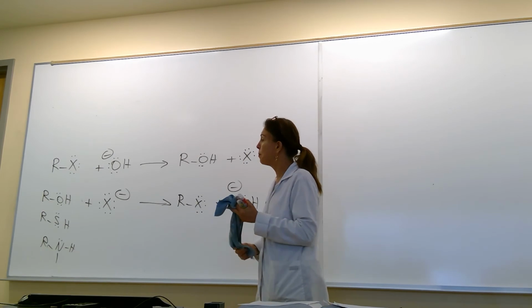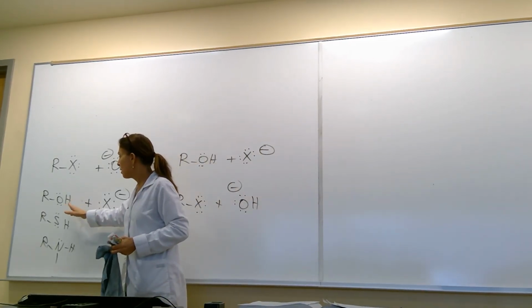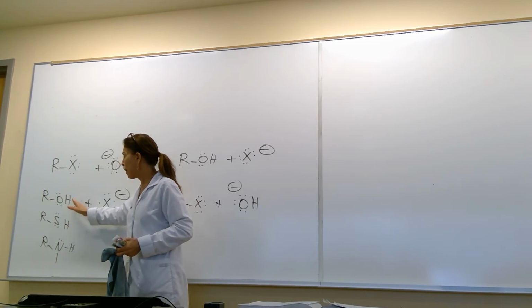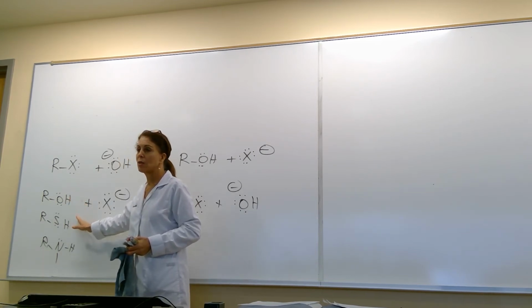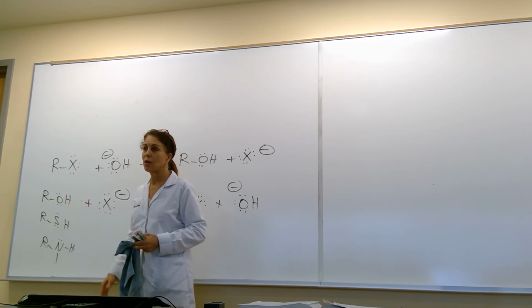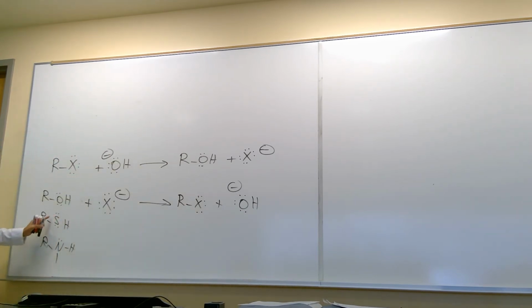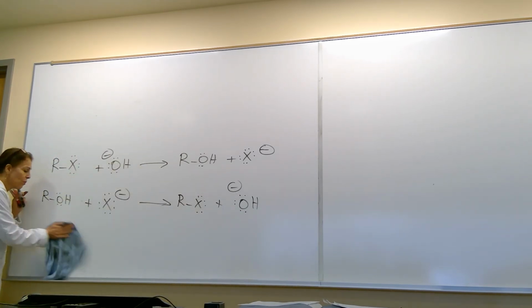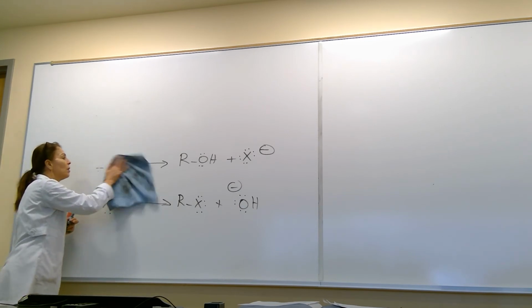So now let's compare them already. What did we say about this compared to this? What do you expect? Which one is more reactive, an ROH or an RSH? ROH is more reactive than RSH. Okay? Why? Because this is... we're going to talk about thiols in a minute, and we're going to compare them.